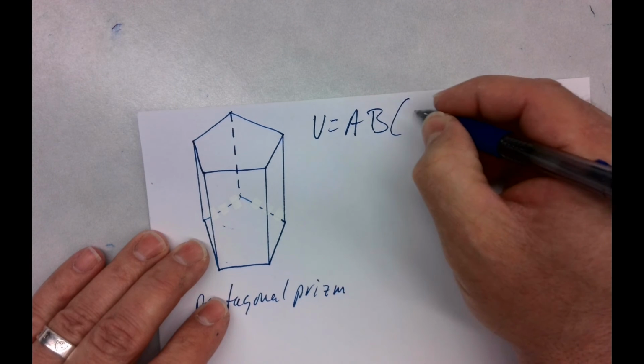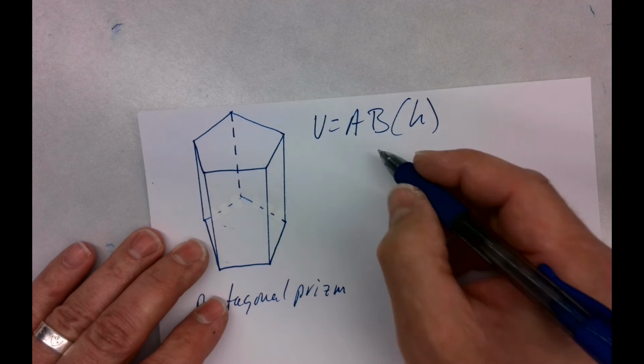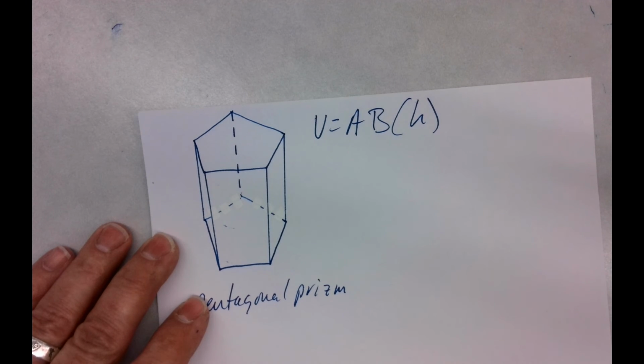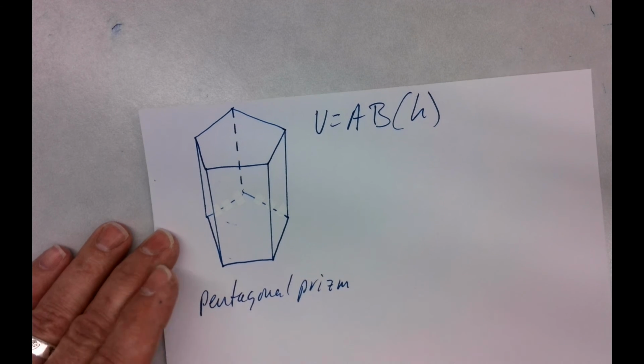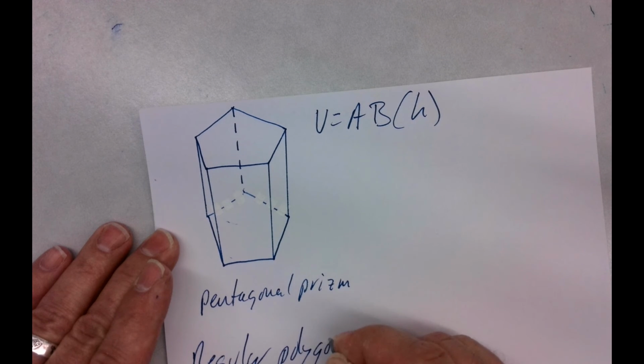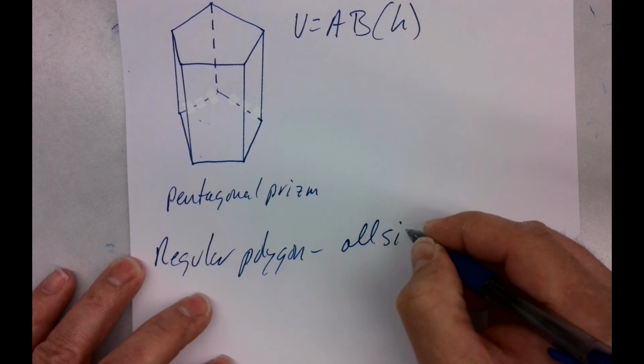Then I'm going to times that by its height, right? Now, how do I find the area of a shape like that? Does anybody know? And this works for any regular polygon. Does anybody know what the term regular polygon means? Yep, all sides the same.